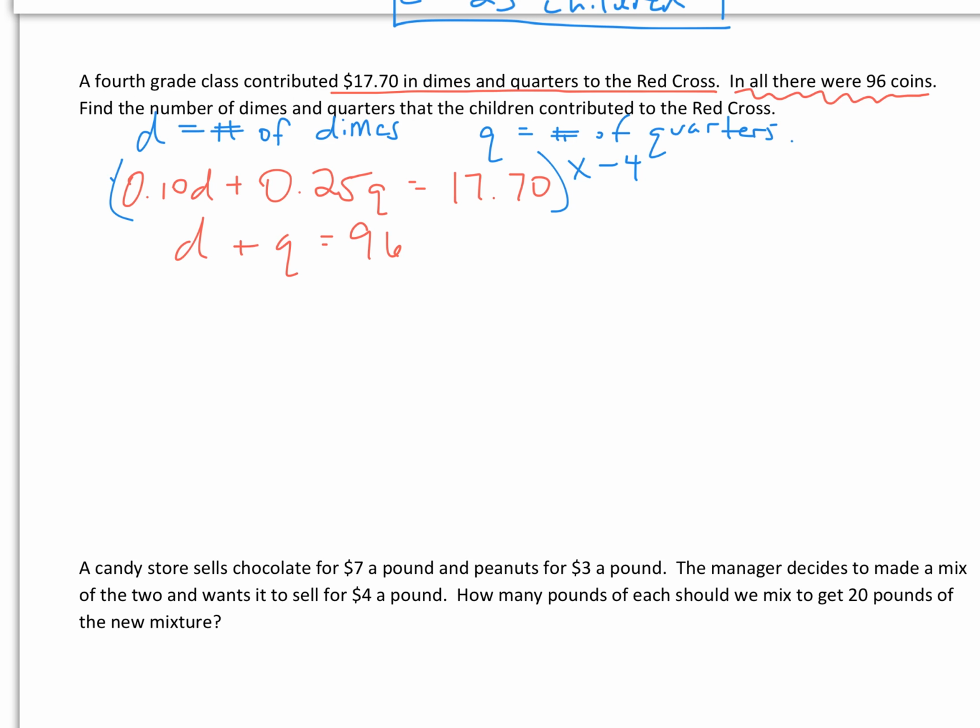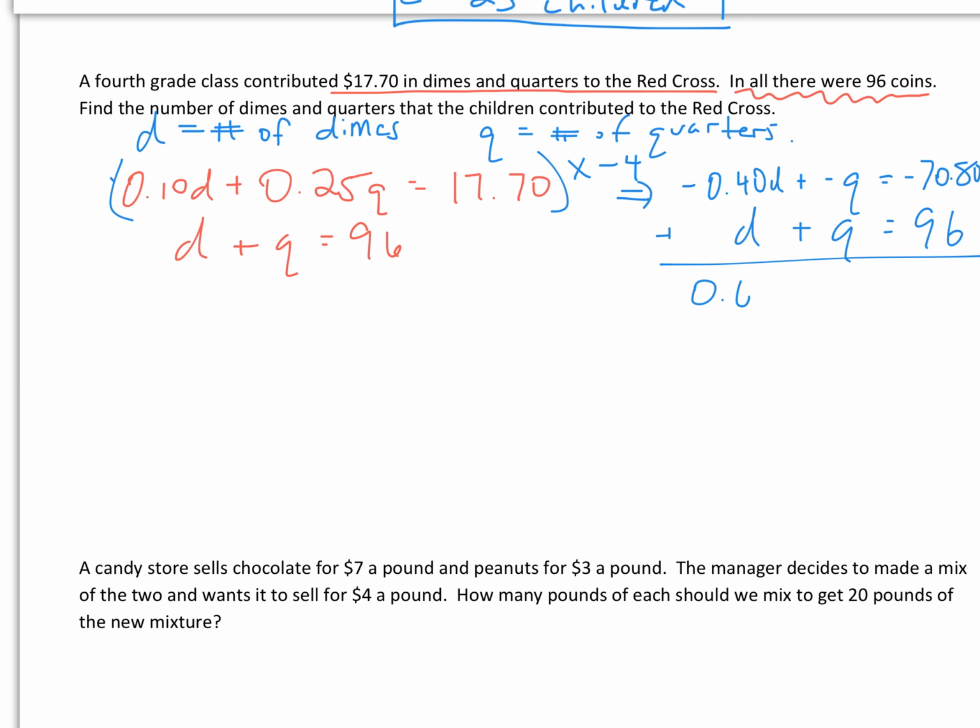So rewriting the top equation off to the side here, I'll have -0.40 D plus -1 Q equals -70.80. I'm going to copy down the second one the same. We can see the Q's are going to eliminate when we add.